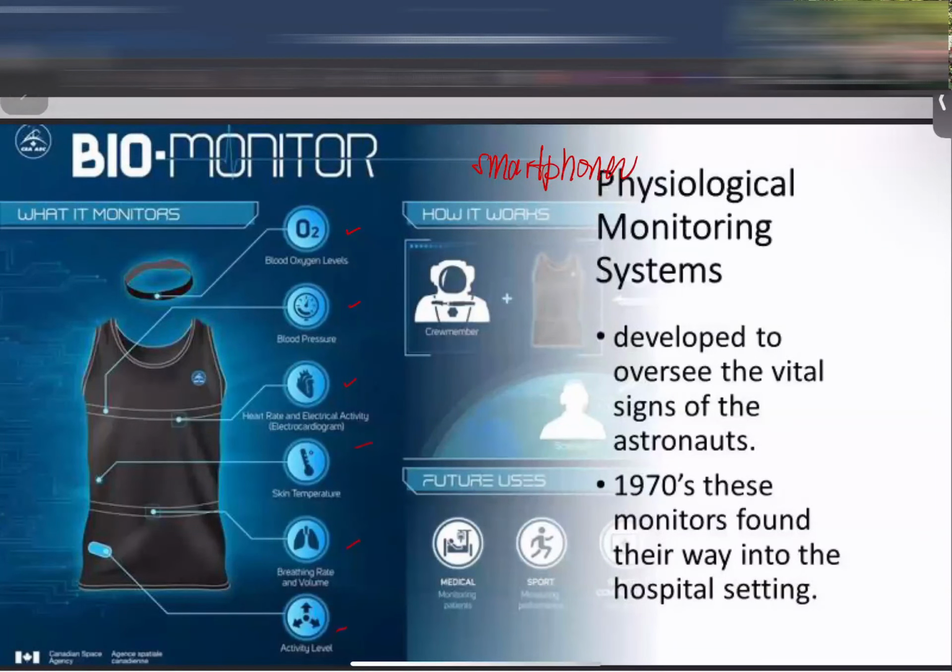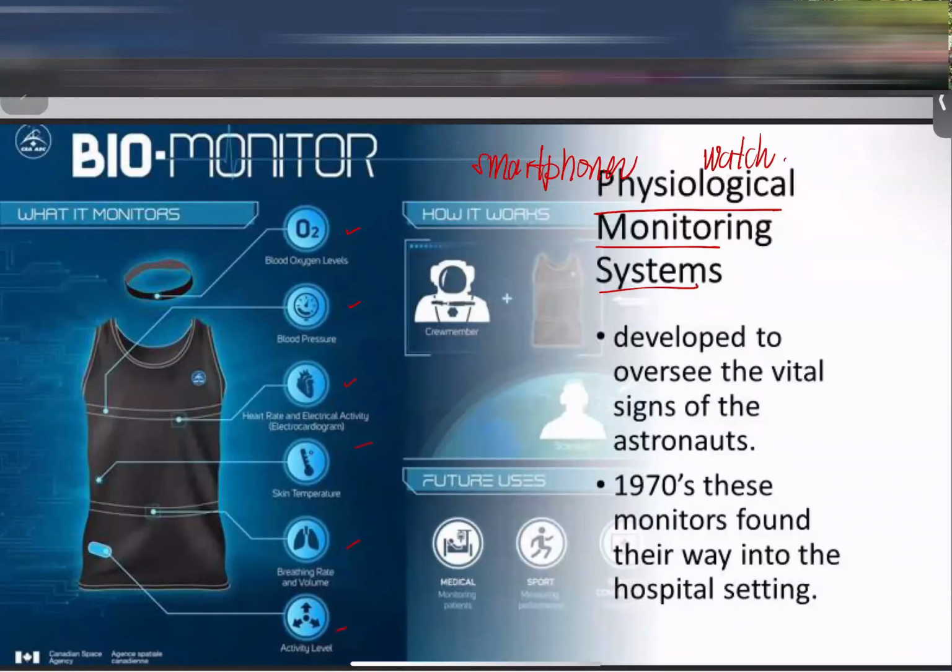Tapos class, may mga watch na tayo, yung mga electronic watch natin. So like your iWatch, you have your Samsung Galaxy Watch, or whatever watch there, class, you can notice that they are already able to detect your pulse rate, and even your activity. Diba? Pwede ka nilang i-prompt kung nag-exercise ka or hindi. So they are also physiological monitoring systems.